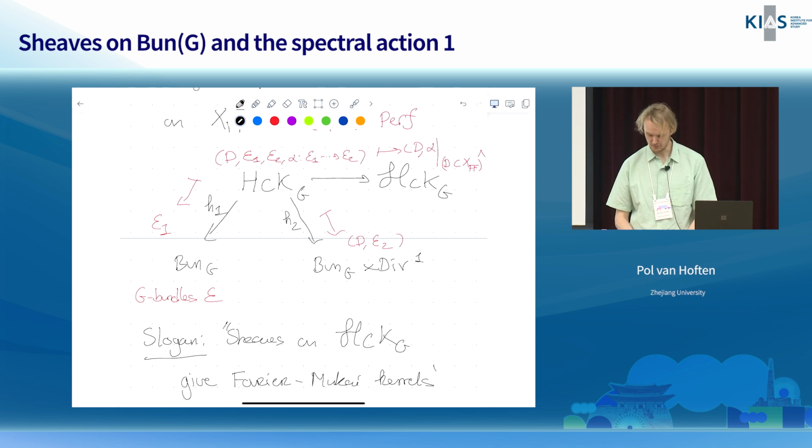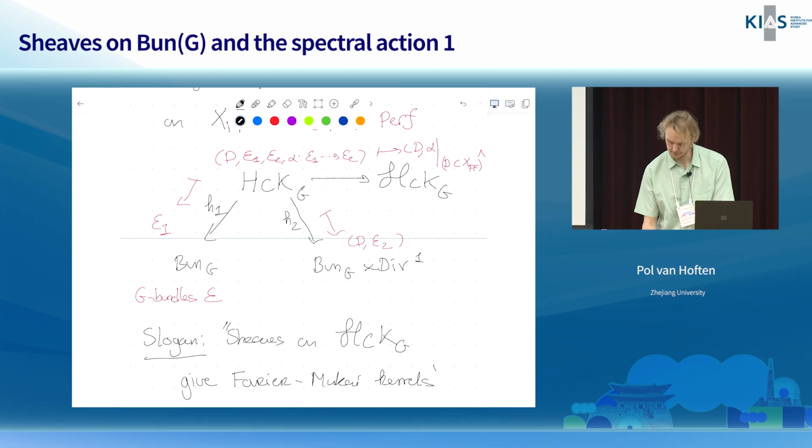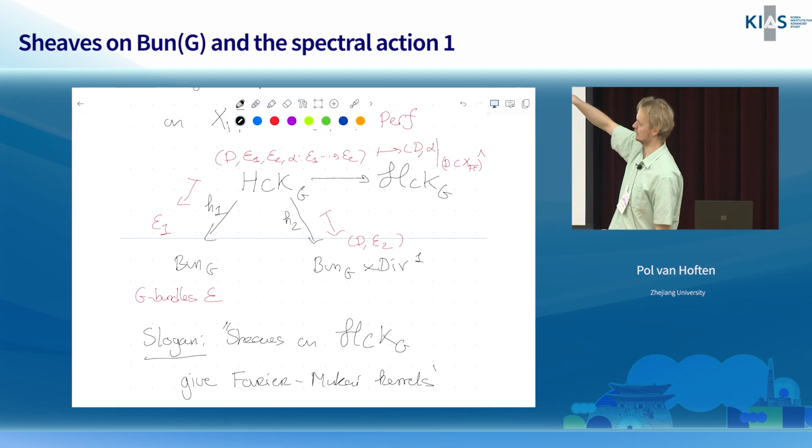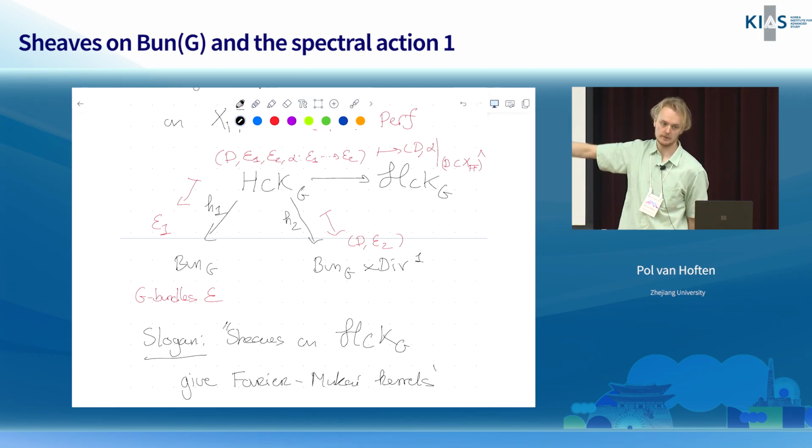If I take a sheaf on the local Hecke stack, I can pull it back to the global Hecke stack, and then I get a Fourier-Mukai functor like Mingjia wrote down yesterday. So pull back along H1, tensor with the kernel, and then push forward.